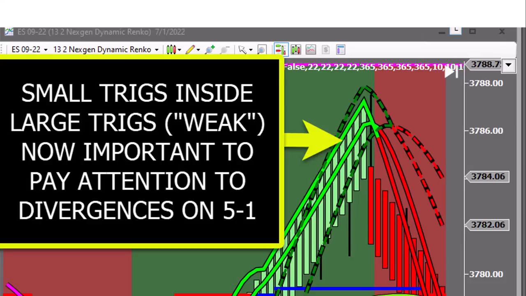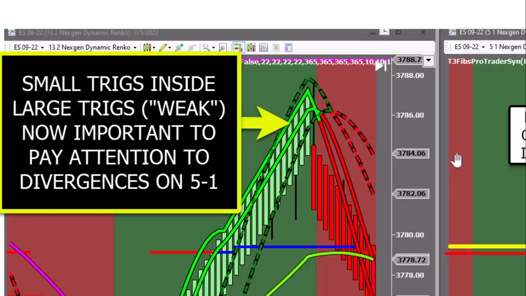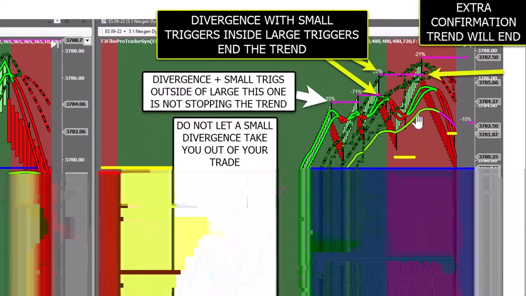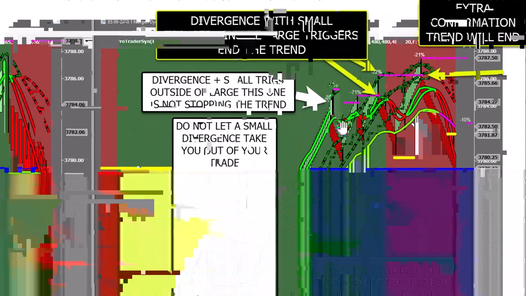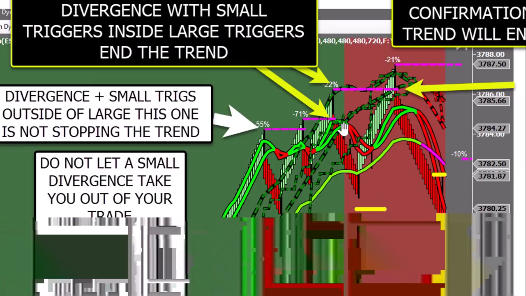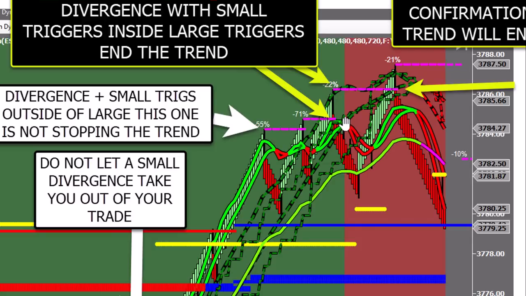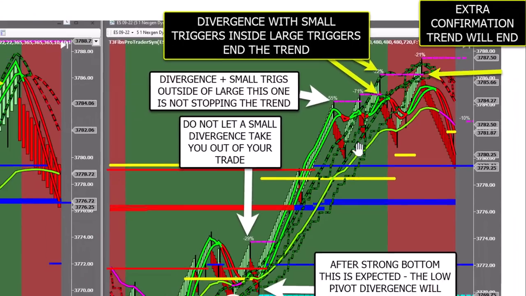Were they very strong, favorable momentum with the small triggers outside in which you can stay in? Or is this the weak, small trigger inside look on your 13-2 chart that tells you you now have to pay attention to multiple divergences and divergences with triggers, small triggers inside of your large? See how that works?